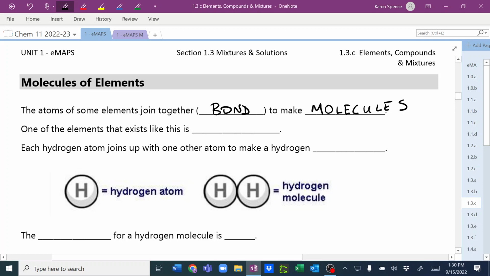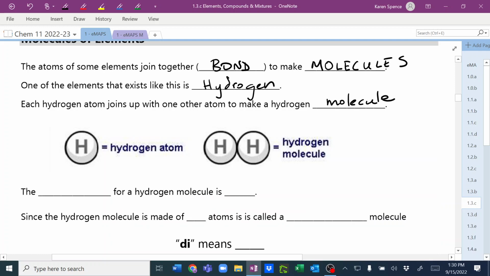One of the elements that exists like this is hydrogen. Each hydrogen joins up with another atom to make a hydrogen molecule. The formula for the hydrogen molecule is H2.